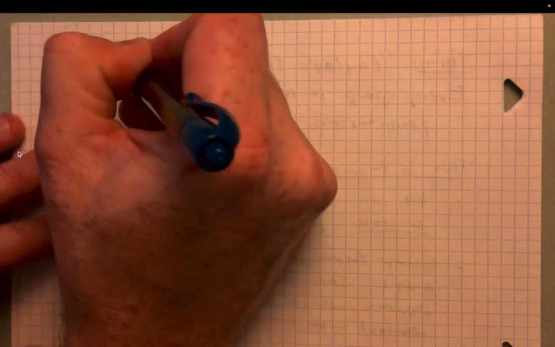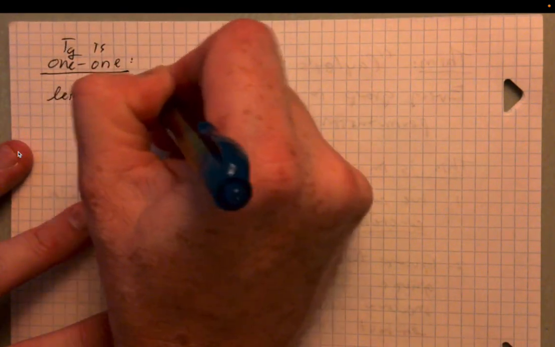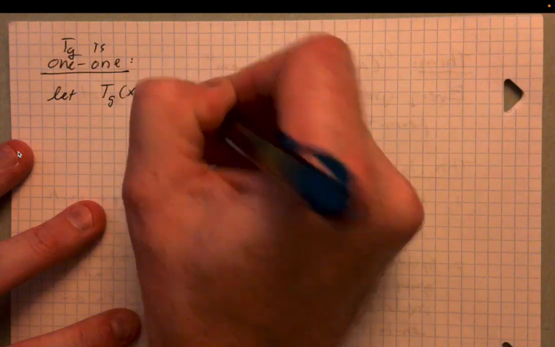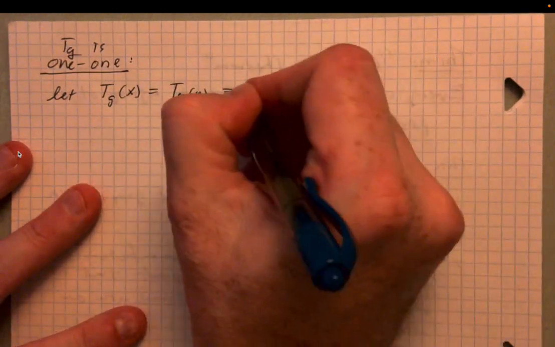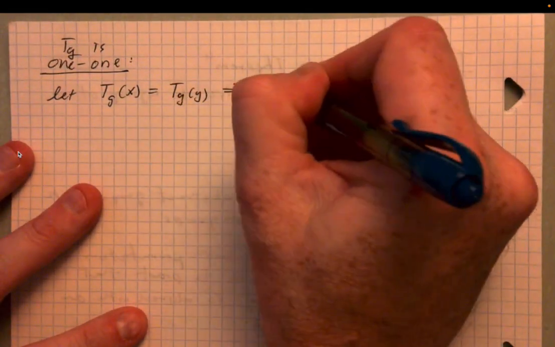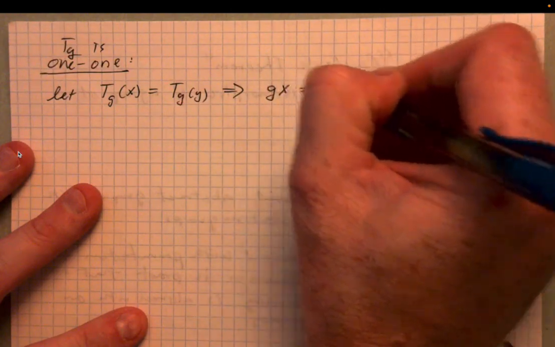Okay, so one-to-one. T sub G is one-to-one. Let's see that first. Those are easy to show. We're going to say, assume T sub G of x equals T sub G of y. What does that mean then? That means g times x equals g times y.